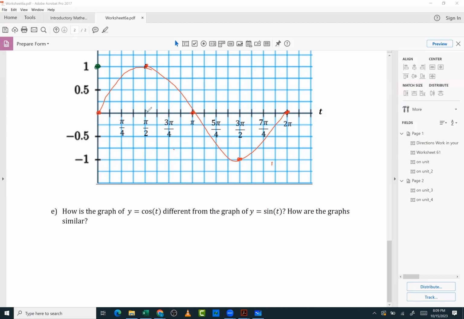And then it goes to pi over 2 at 0. Pi is -1. And 3 pi over 2 is 0. And 2 pi is back to 1. So this is my cosine graph. Cosine of t, sine of t. Okay. Now, this is shifted.